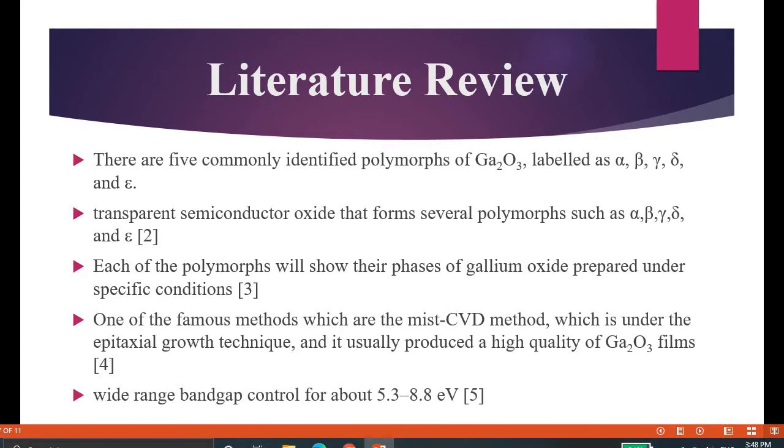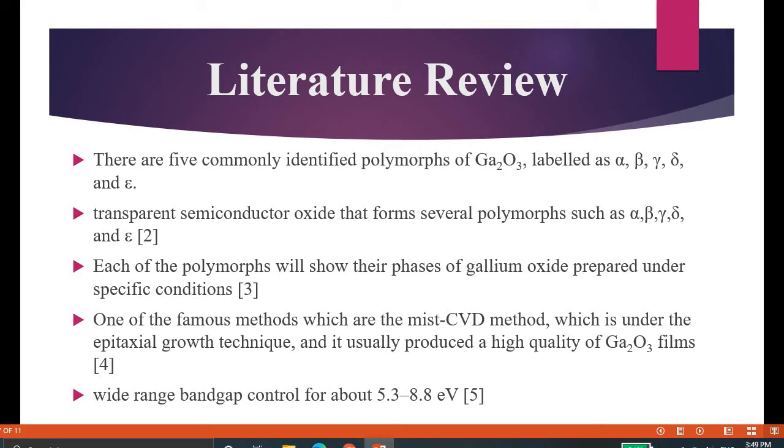And now comes the literature review. We all know that gallium oxide belongs to the transparent conducting semiconducting materials, and the first scientist to discover the element gallium was Lecoq de Boisbaudran.